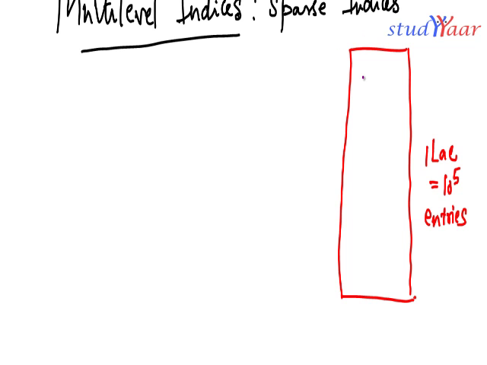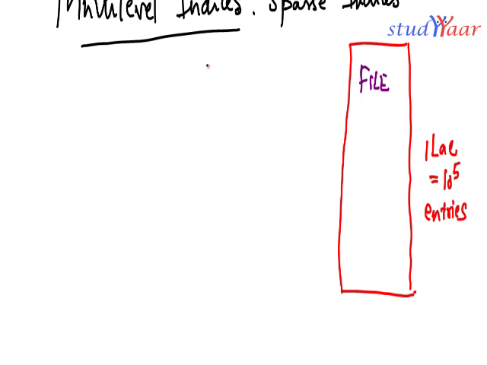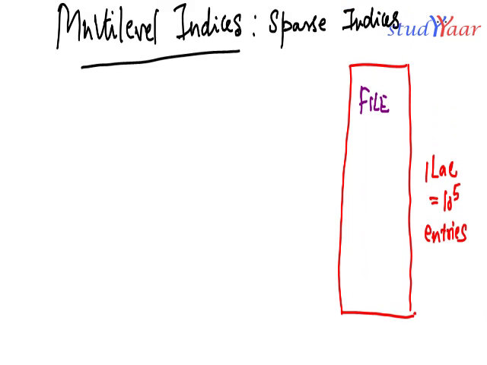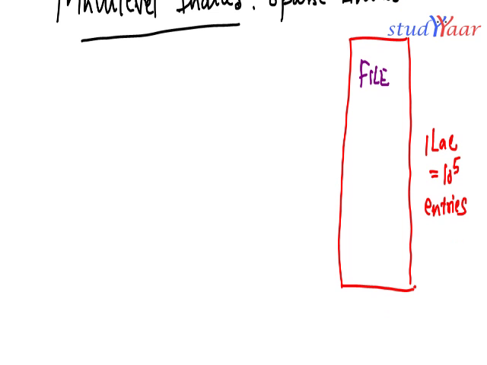Now if I create a dense index, then I would need to have these 10 raised to 5 entries in the index itself. So that would be a very large index. So I would create, let's suppose, a sparse index. But even if I create every fifth value in the sparse index, then also I would have 20,000 records in my sparse index.